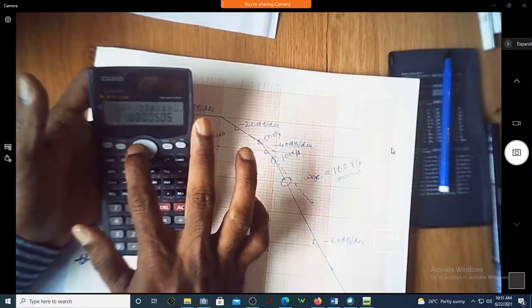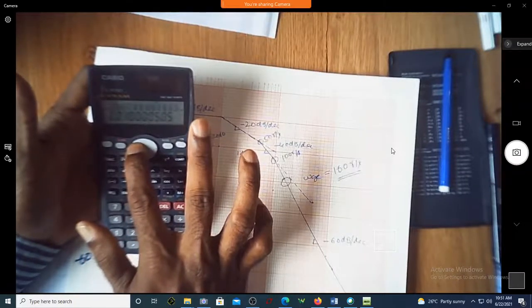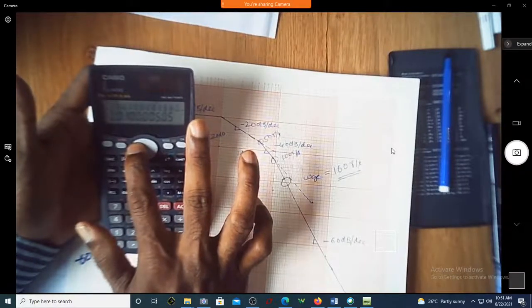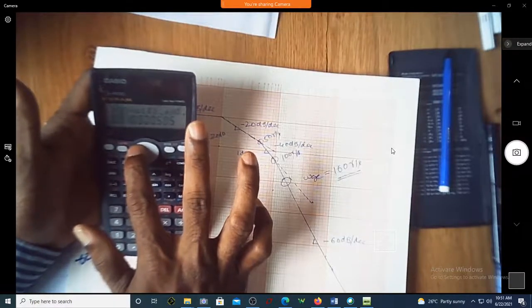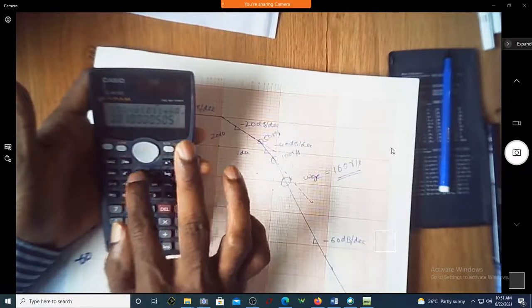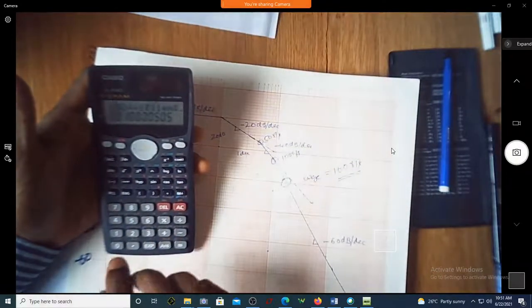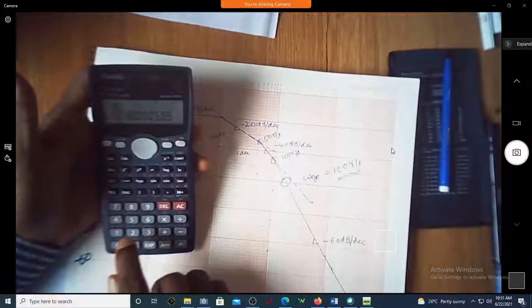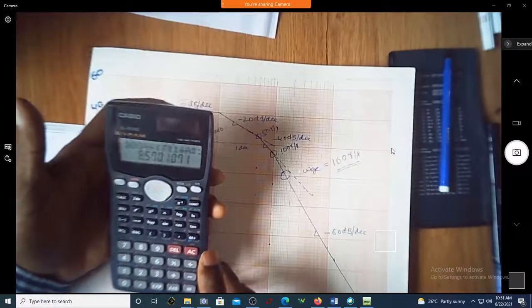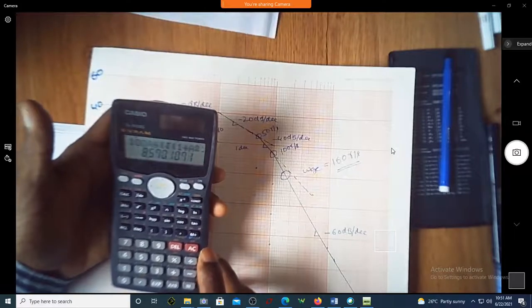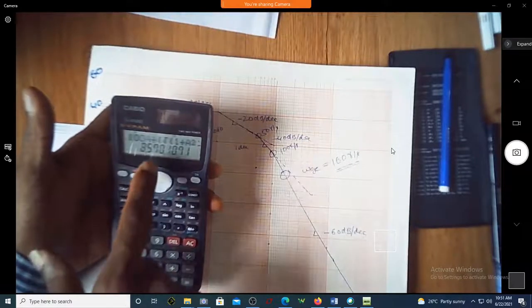I'll just go back to this equation. I will not make it alpha equals; I will make it simply divided by. See, divided by calc, if I make it 150, can you see this is the value?